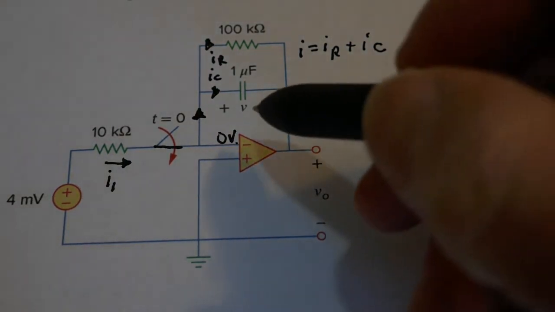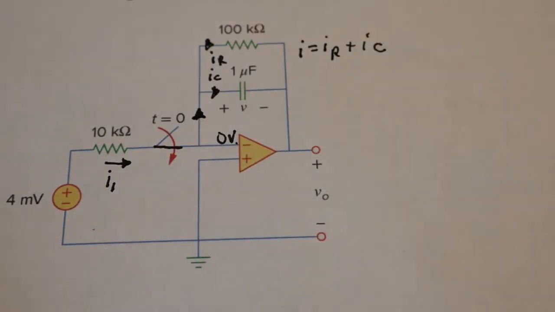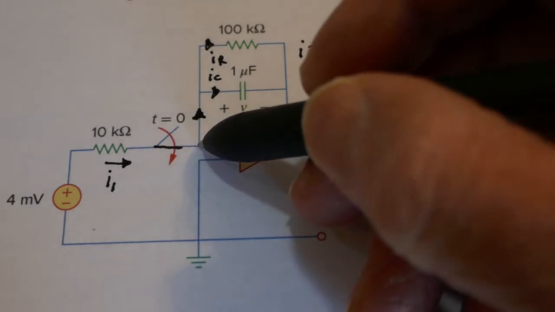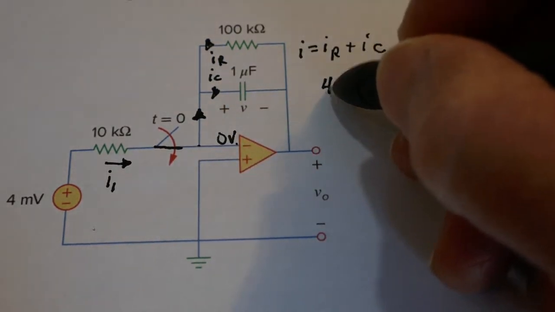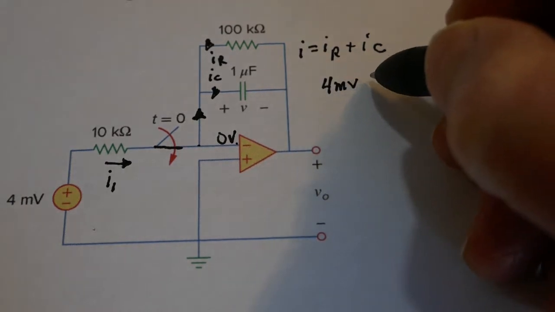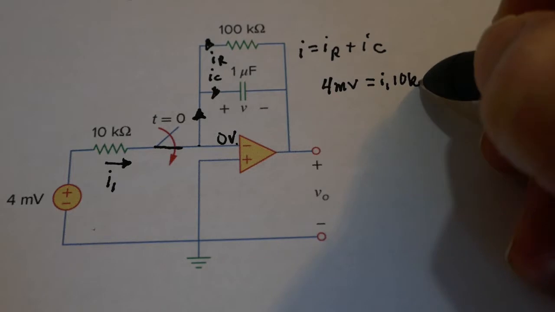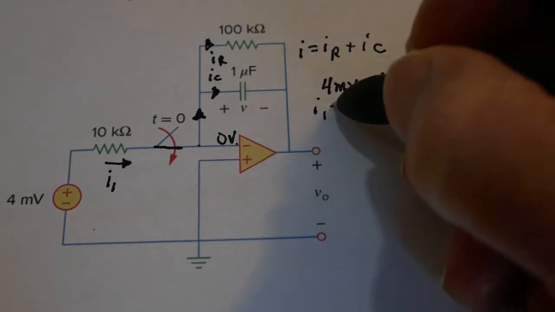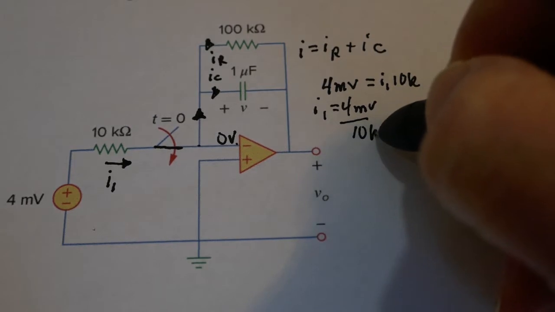Now I1 is going from this 4 millivolts to ground. So we have 4 millivolts is just equal to I1 times 10K. So I1 is equal to 4 millivolts over 10K.